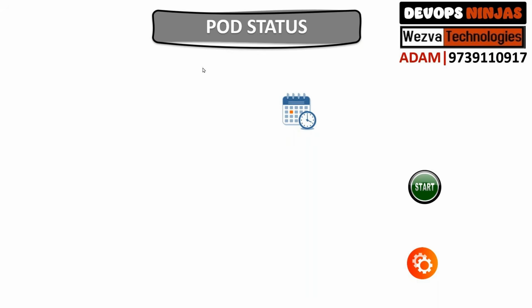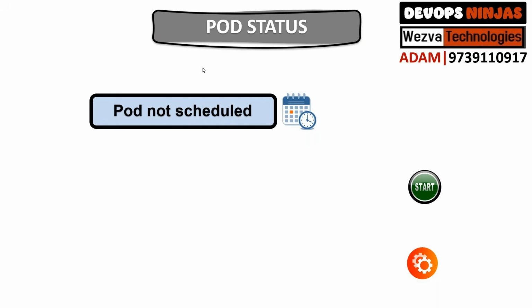This is where the scheduler in the master finds the right machine which is suitable for my pod, and it assigns it.